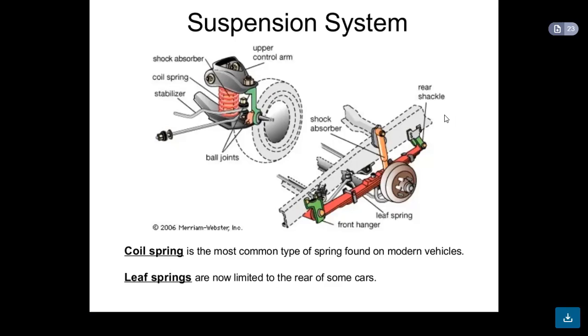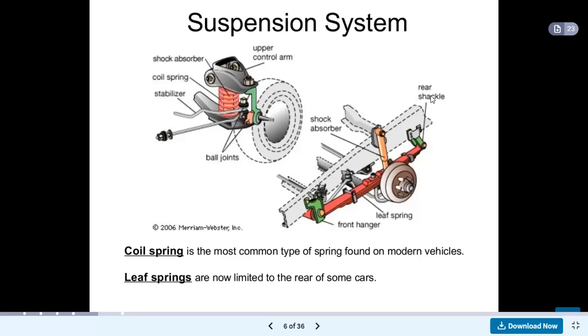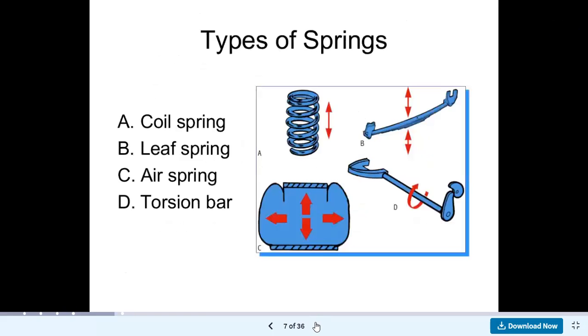In case of this second diagram, this is a rear shackle, then leaf spring, front hanger, and shock absorber. These are the assembly in case of the suspension system. Coil spring is the most common type of spring found on modern vehicles. Leaf springs are now limited to the rear of some cars.